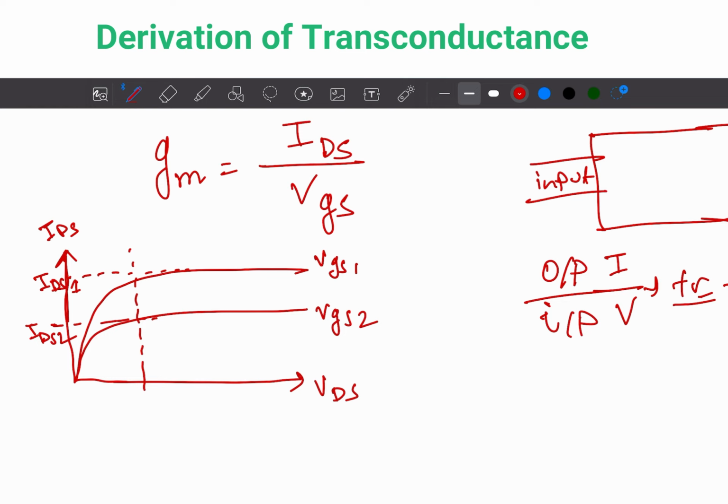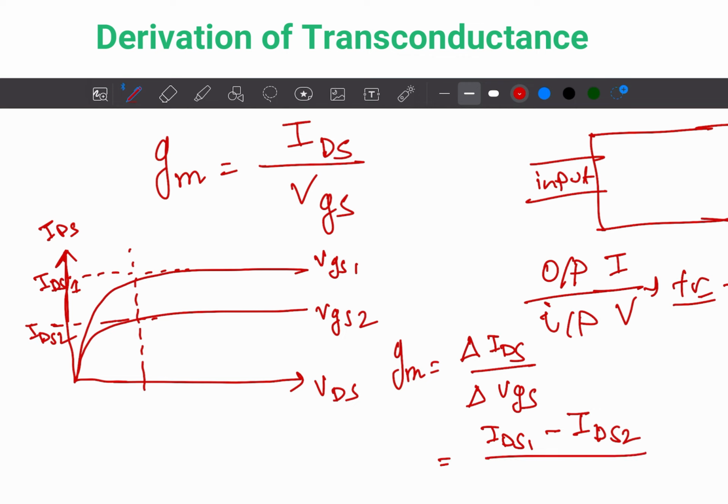Okay, so we need to calculate this one. GM will be delta IDS divided by delta VGS. So you can write down IDS1 minus IDS2 divided by VGS1 minus VGS2.